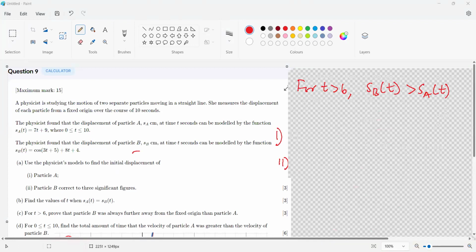Right. So, cos 3t plus 5 plus 8t plus 4 should be greater than 7t plus 9.